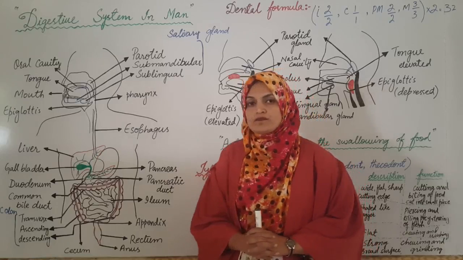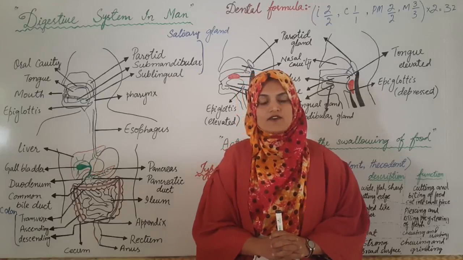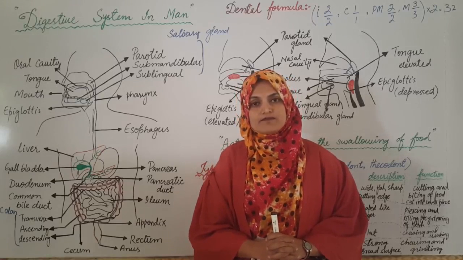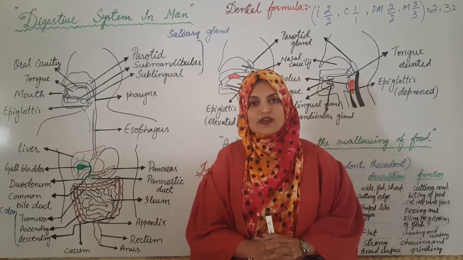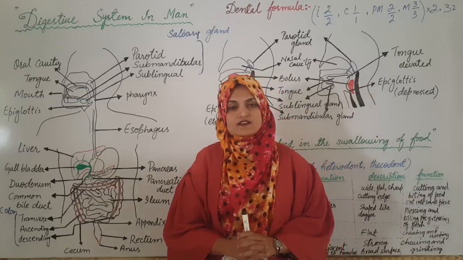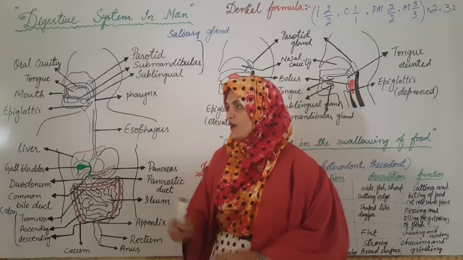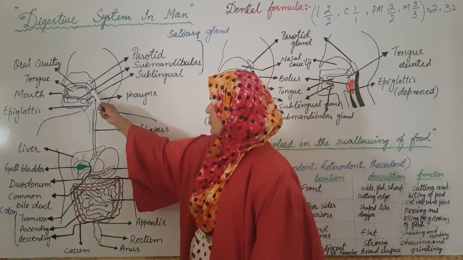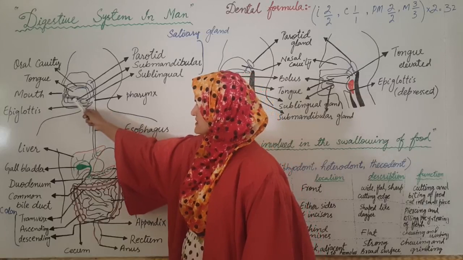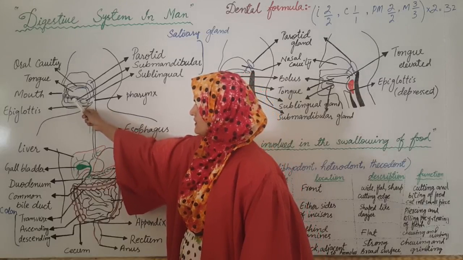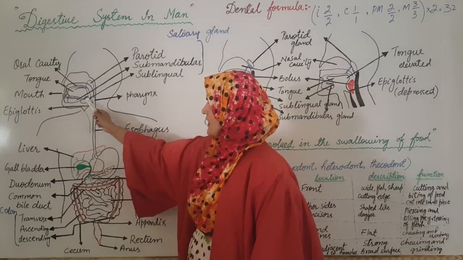This food is mixed with the saliva that is secreted by the salivary glands located at different places in the oral cavity. One is present at the base of the pinna, one is present below the jaws, and one is below the tongue.